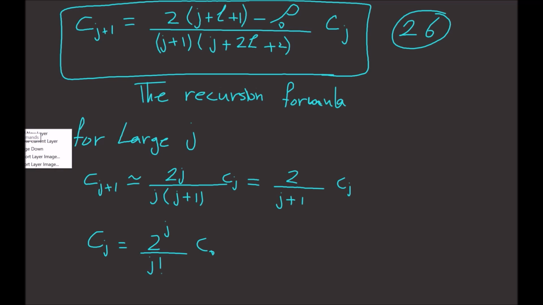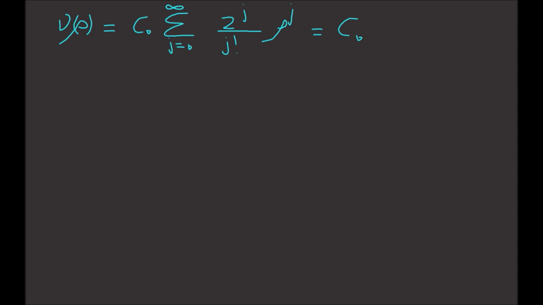So with this being said, let's carry on. Now for large j, we have nu of rho is equal to c naught, the sum when j starts from 0 to infinity of 2 to the j divided by j factorial times rho to the j, which is the same as c naught times e to the 2 rho.